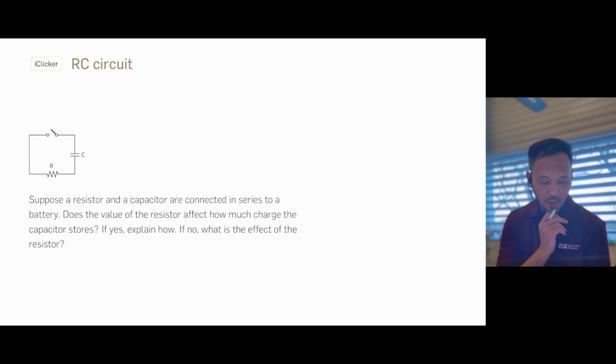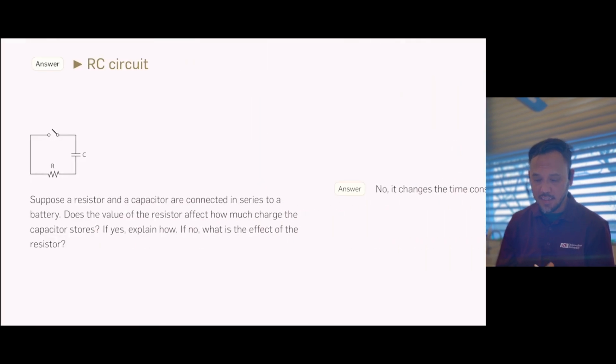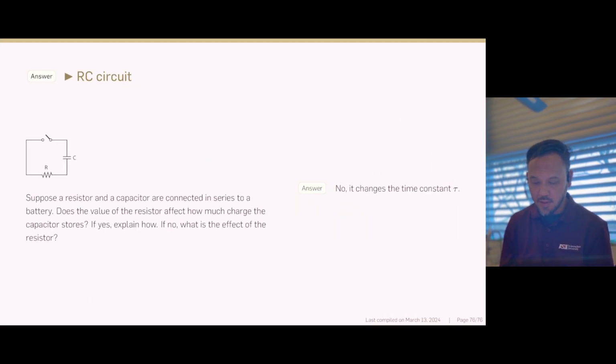The answer is no. If no, what is the effect of the resistor? The effect of the resistor is that it will change the time constant. To be exact, the time constant is R times C. And this is the characteristic time required to charge or discharge a capacitor. Okay.